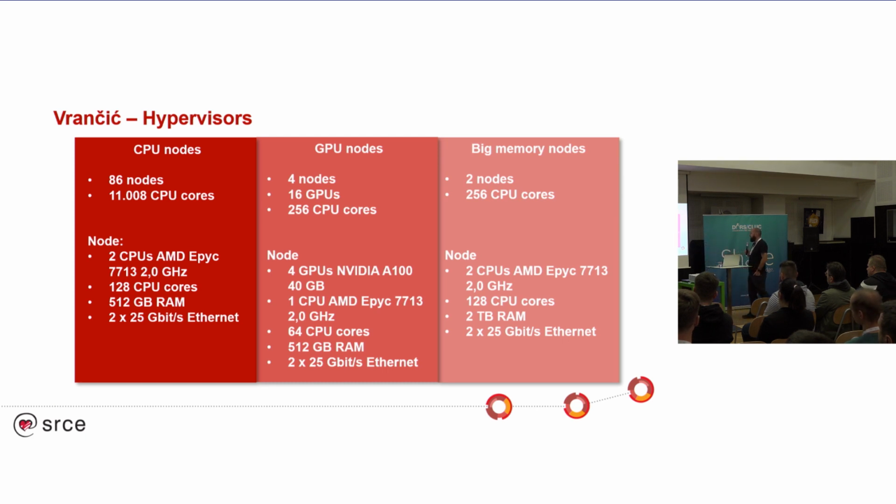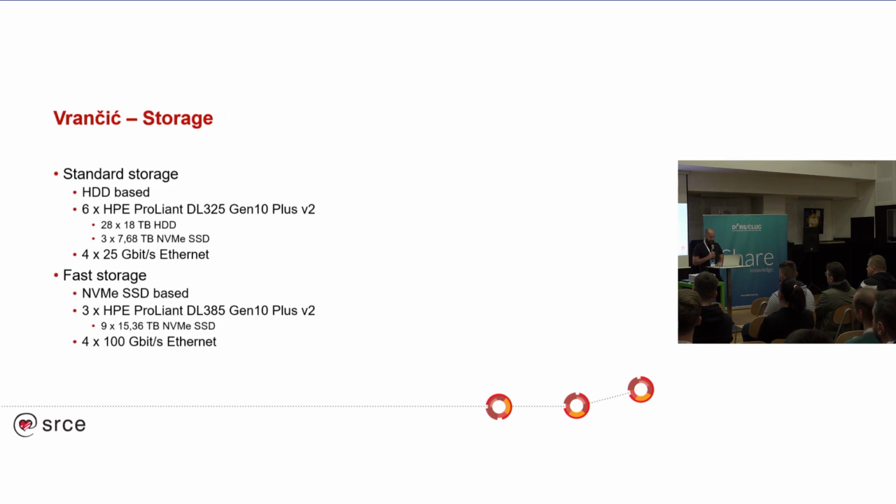And then finally, the big memory nodes, where you can run a VM which has 2 terabytes of RAM. We only have 2 of those, so we are not going to give them out lightly. All of them have the same processor, so if somebody is compiling and optimizing something, it will be easy. And all of them have 2 times 25 gigabit.